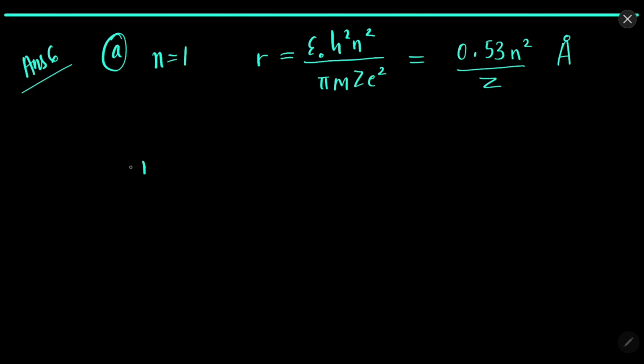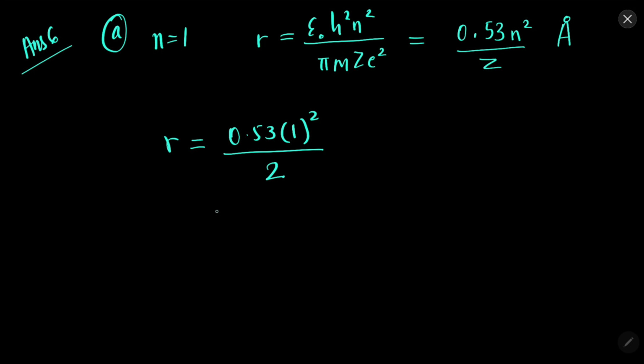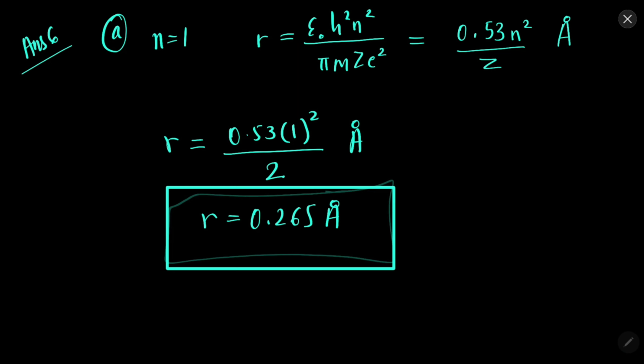So when n is equal to 1, r will be 0.53 into 1 square over, for helium the atomic number is 2, so r will come out to be approximately 0.265 angstrom. Remember, this is in angstrom. Angstrom is 10 to the power minus 10.